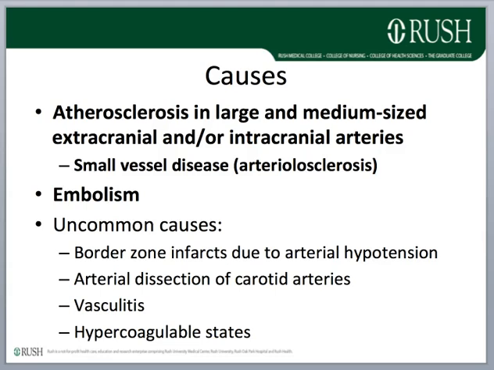Uncommon causes include the following: border zone infarcts due to arterial hypotension or poor cerebral perfusion, cervicocephalic arterial dissection, other non-atherosclerotic vasculopathies such as Moyamoya syndrome or fibromuscular dysplasia, vasculitis such as infectious, necrotizing, those associated with collagen vascular disease or other systemic diseases, giant cell arteritis, also known as temporal arteritis, hypersensitivity vasculitides, and primary CNS vasculitis.